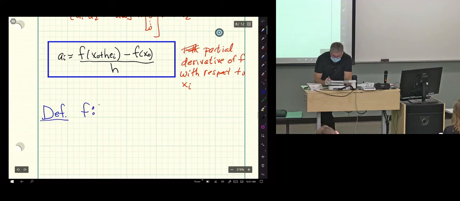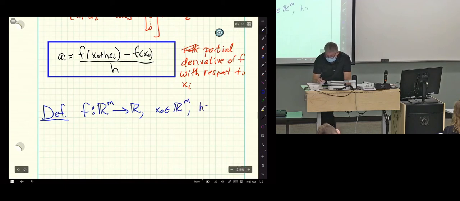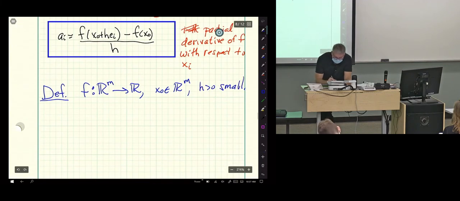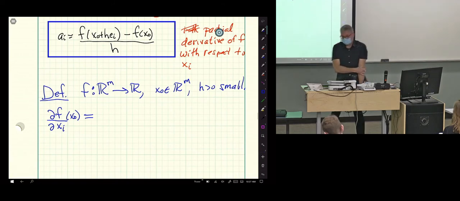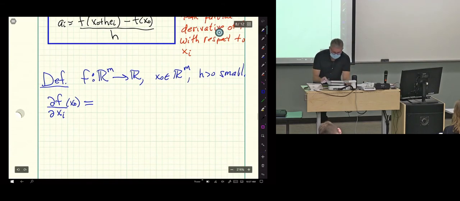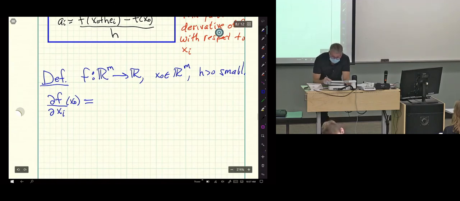So we take f that maps Rm into R, x0 is in Rm, h greater than 0 small. And then there's this gorgeous notation from calculus. Okay, so that's called the partial derivative of f with respect to xi.